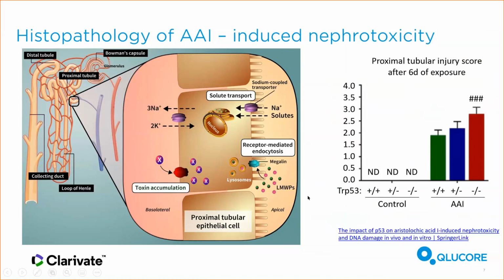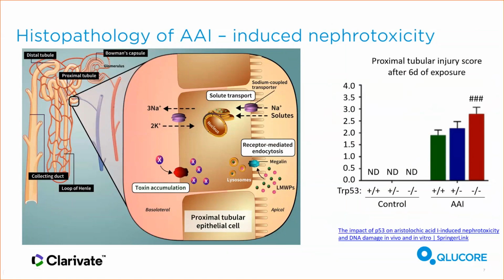Now, these researchers in the King's College London, when they asked this question of what is the mechanism of this nephrotoxicity, they injected mice for 6 days, once a day, with either water as a control or aristolochic acid. And after the 6th day, they harvested the kidneys and did microscopy of the proximal region of the tubule of the nephron.